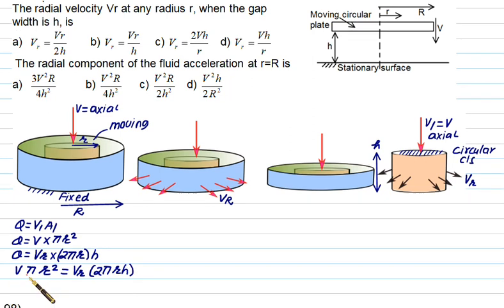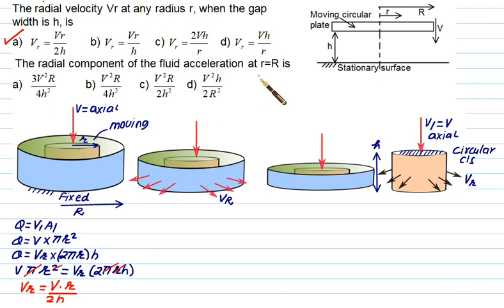Pi will get cancelled, one of the r will get cancelled, and we are left with the radial velocity Vr at any radius r equal to axial velocity v into radius r divided by 2h. We got the first answer here. In the first case, our choice A is correct, that is VR equal to V into R divided by 2h.